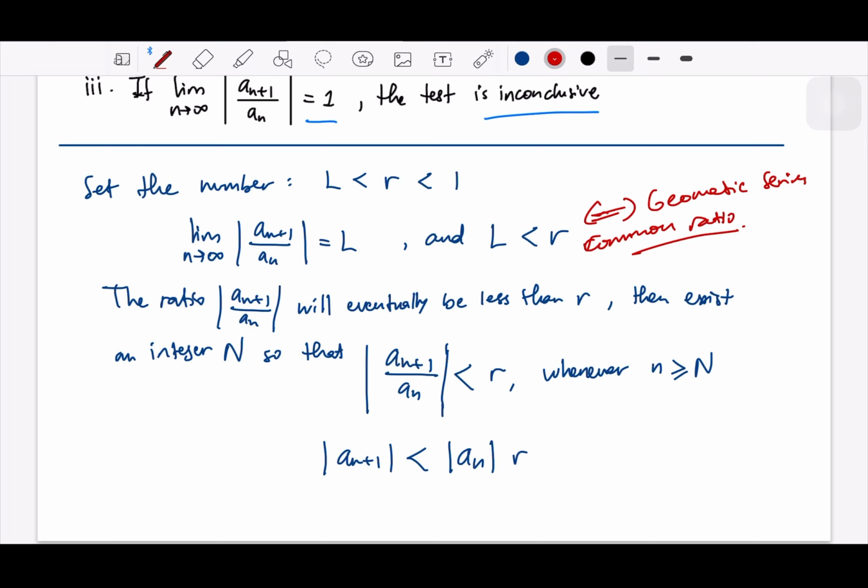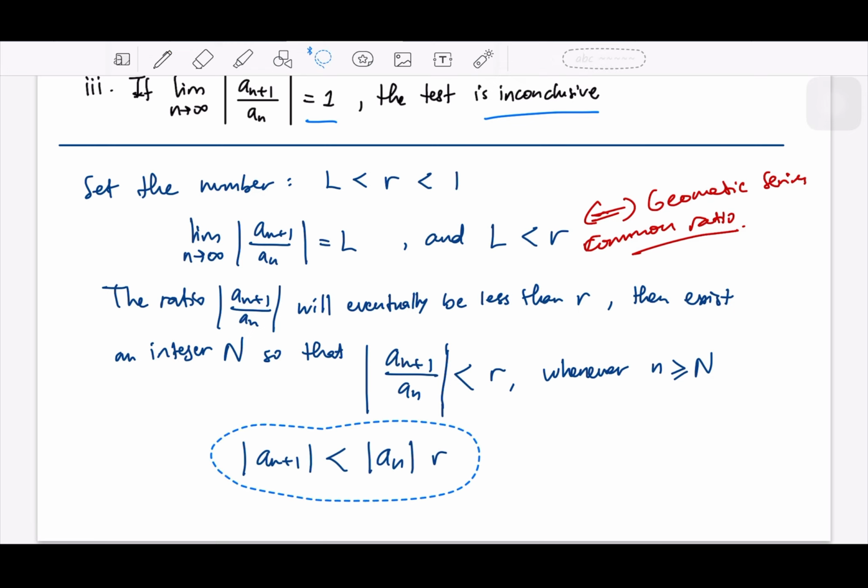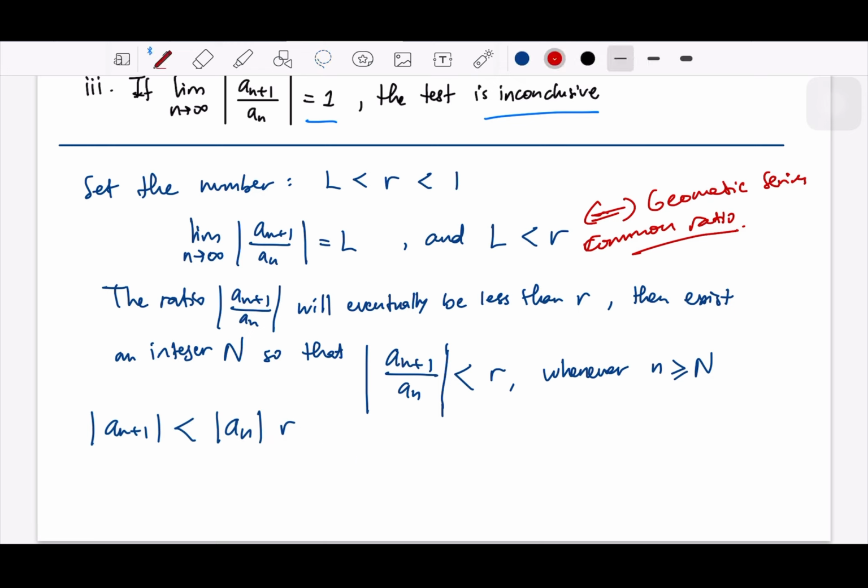And if we take the n, let me write here. If we take a_n, a_{n+1}, and a_{n+2}, we can obtain this.